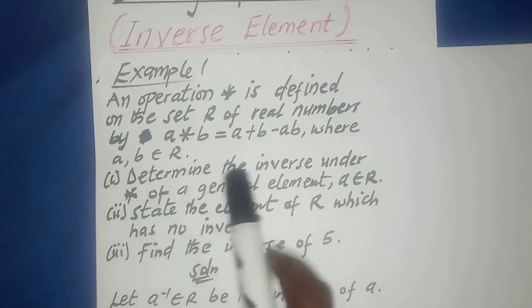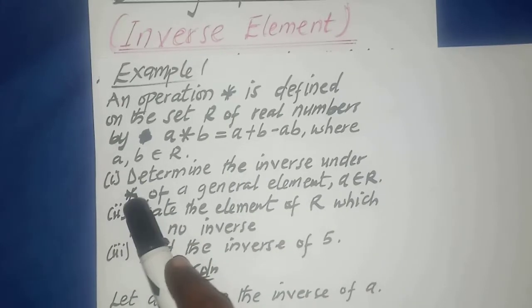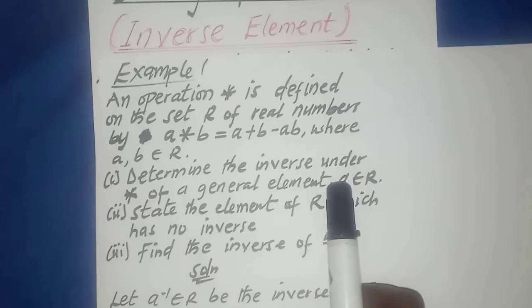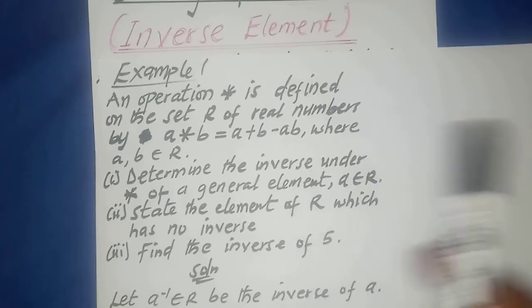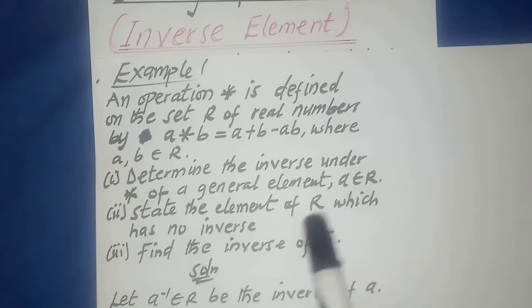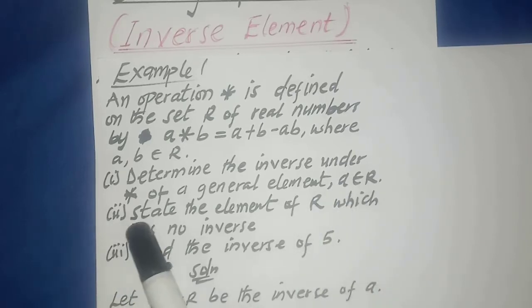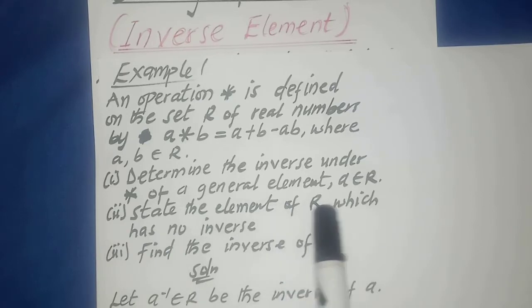Now we are asked to determine the inverse under the operation star of a general element A, which is also a real number. In any case, they want us to find the inverse of what? A. And then also state the element of R which has no inverse.